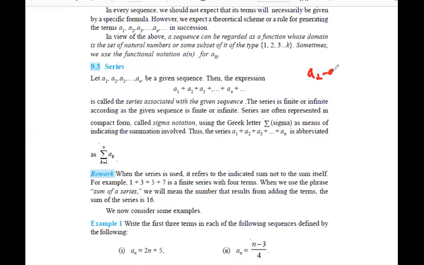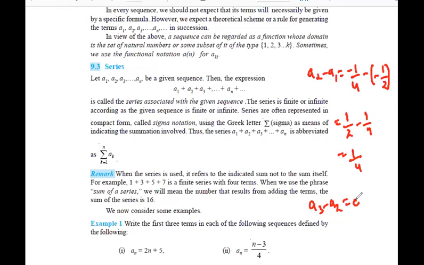A2 minus A1 is equal to what? Minus 1 by 4 minus of minus 1 by 2, which is 1 by 2 minus 1 by 4. This is equal to 1 by 4, right? Now what is A3 minus A2? This is equal to 0 minus of minus 1 by 4, which is equal to 1 by 4. Now tell me, it is same.